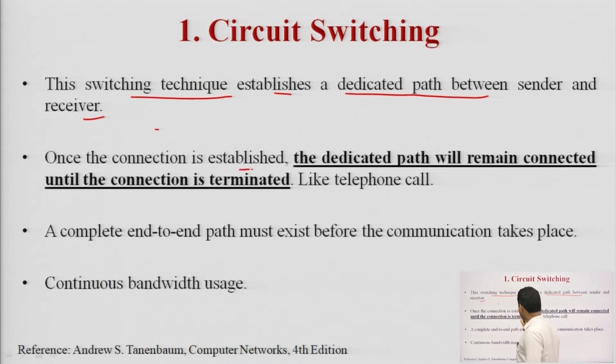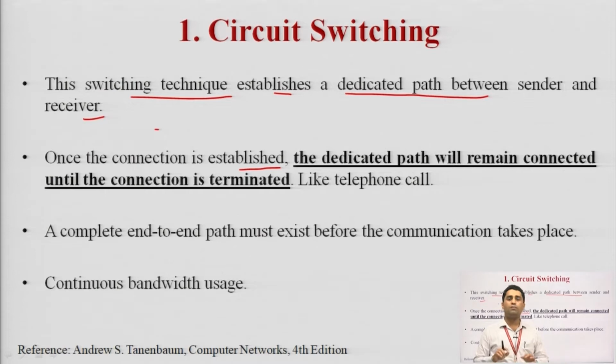Once the connection is established, once the loop is created, once the bell rings and my friend answers the phone, this dedicated path will remain connected throughout the conversation. The data travels over this path only.